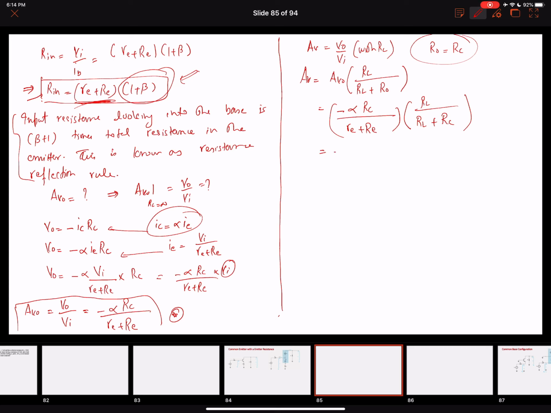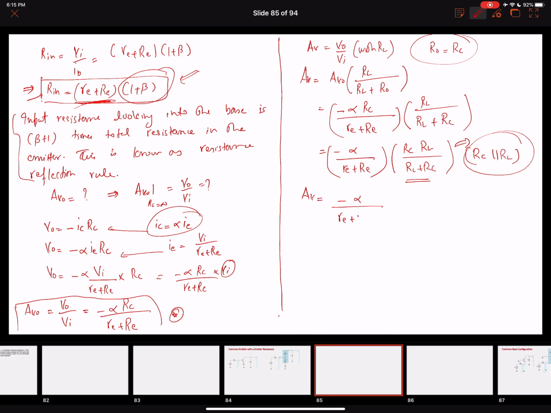Another interesting thing you can see here is minus alpha over RE plus RE into RC RL over RL plus RC. Our RC and RL are appearing in parallel, so we can also write the value of the voltage gain as minus alpha over RE plus RE into RC in parallel with RL.